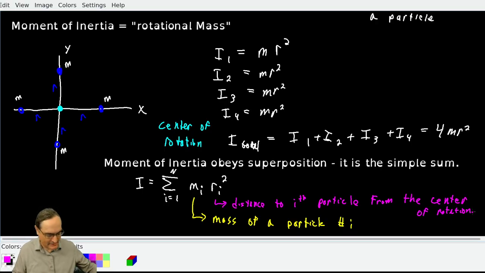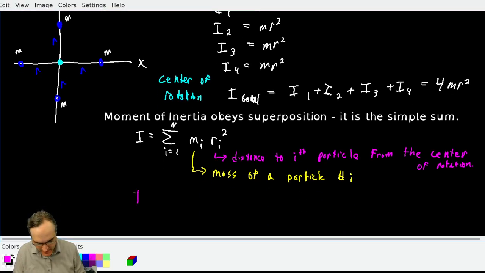So in the next step, we will take the logical step, and we will be thinking about moment of inertia for a continuous object being an integral of the distance from the center of rotation squared for a particular mass times that mass. So that's what we'll be up to next.